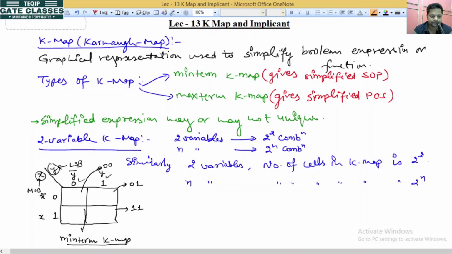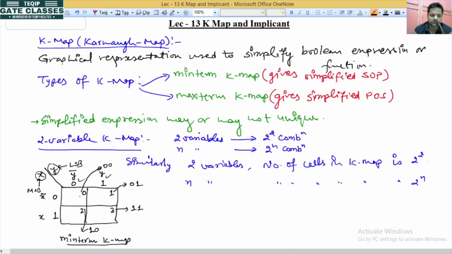For this, MSB 1, LSB 0. If we write in decimal, 00 means 0, 01 means 1, 10 means 2, 11 means 3.